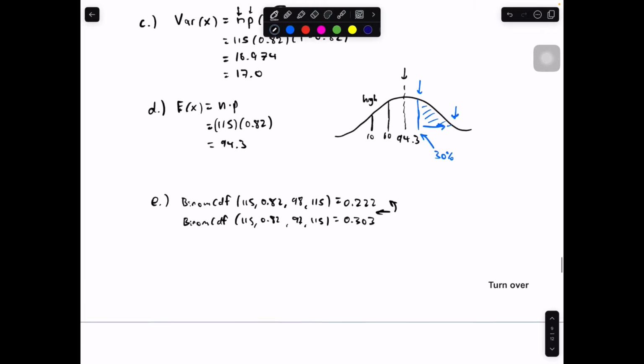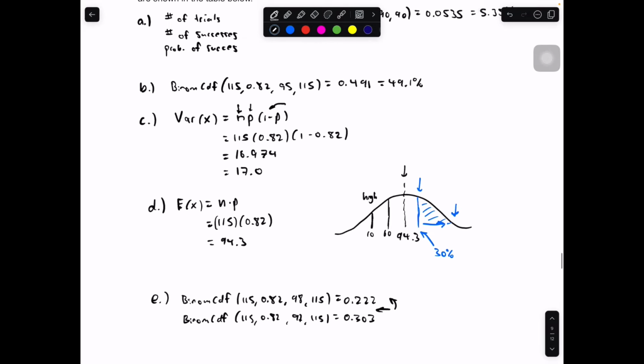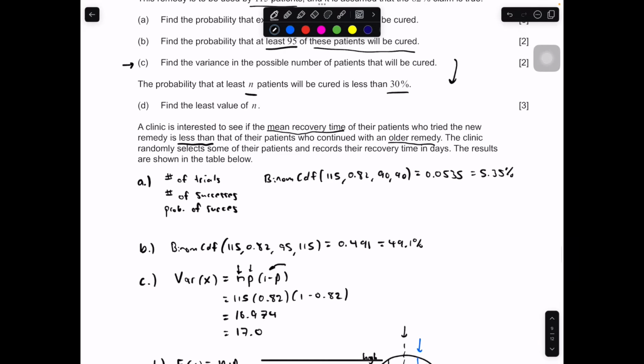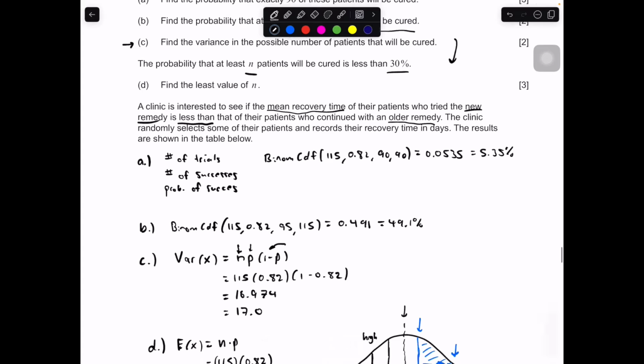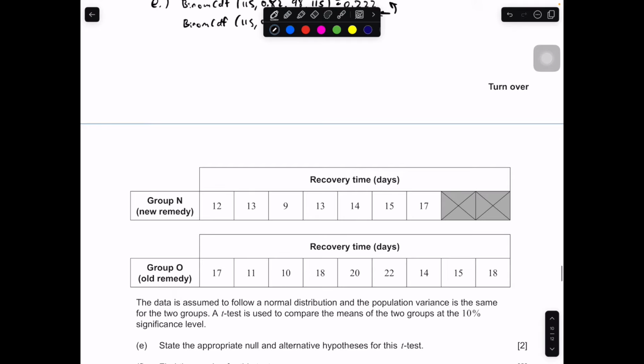The results are shown in the table below. So we want to see if the mean recovery of the new remedy is less than that of the old. So let's call the new remedy mu1, and let's call the old remedy mu2. So the mean of group 1, mean of group 2, the average.